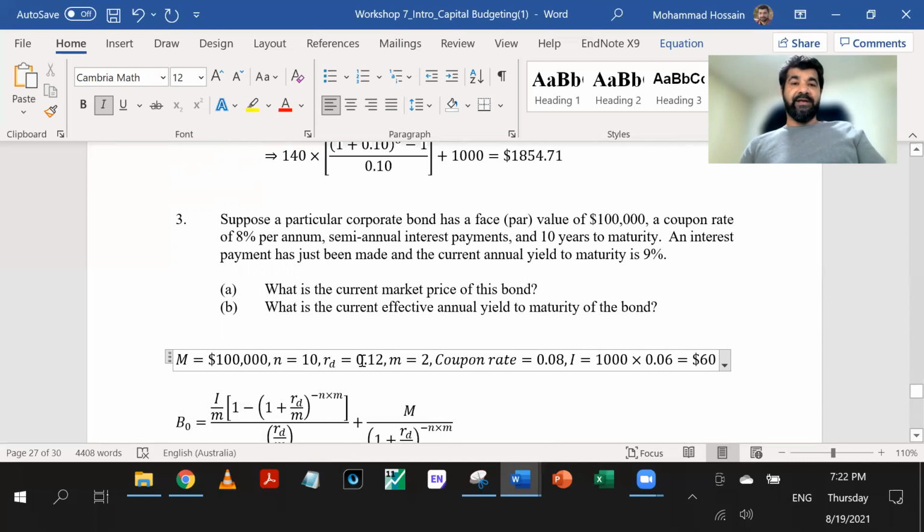RD is not 12, it is 0.09, 9%. How much will our I be then?